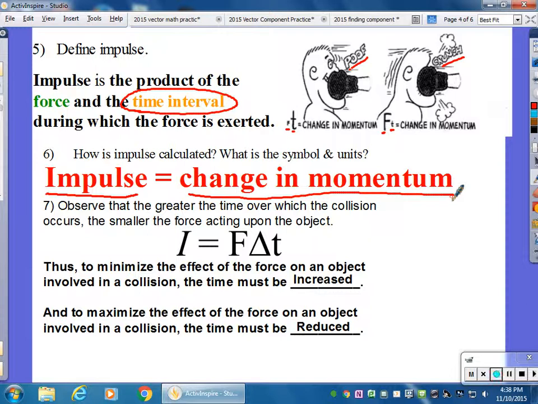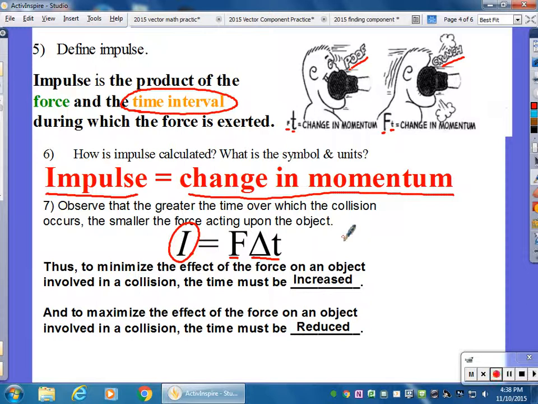And the formula for causing an object to change momentum is you take a force and apply it over a period of time. So the greater the amount of time for which a collision lasts, in this case the collision between the guy's face and the fist, the smaller the force that has to act upon it to end up with the same amount of momentum, or the same amount of impulse, which is change in momentum.